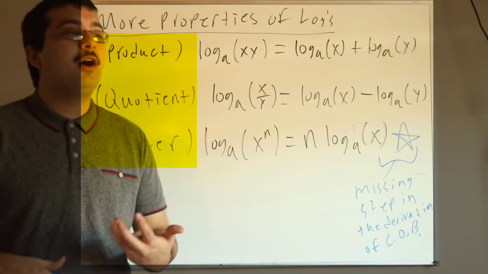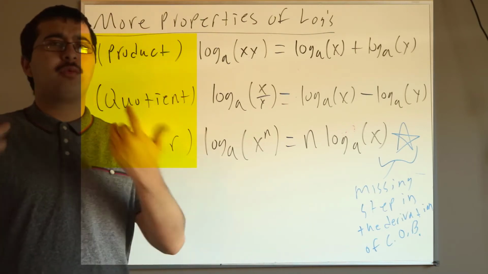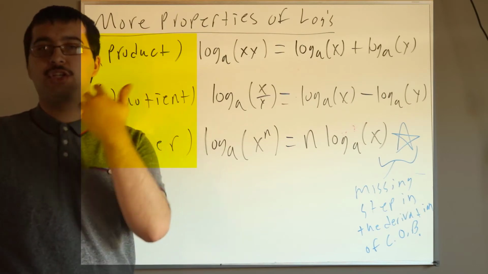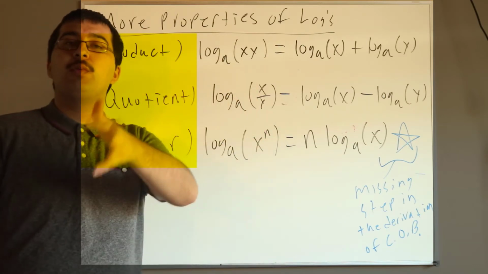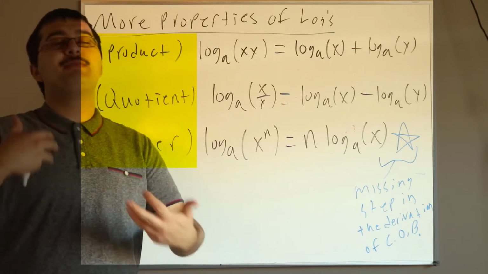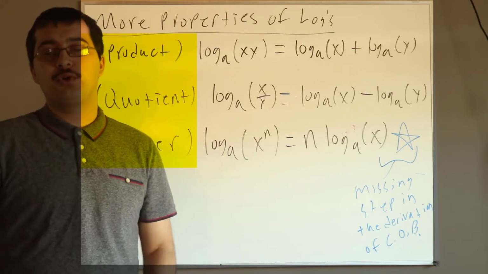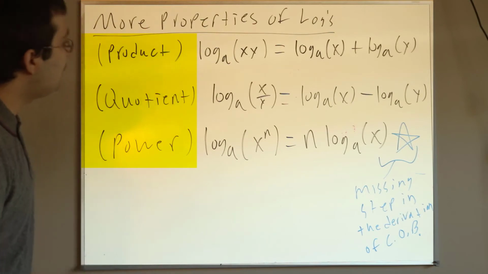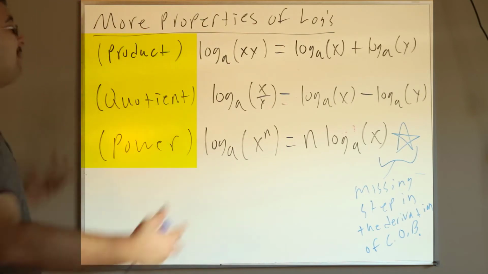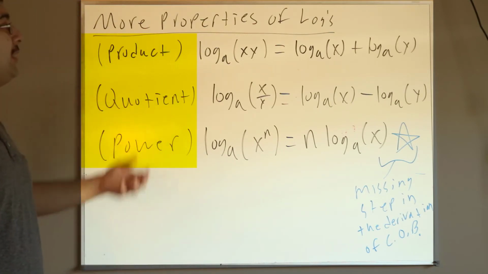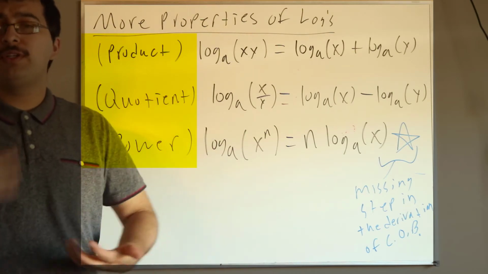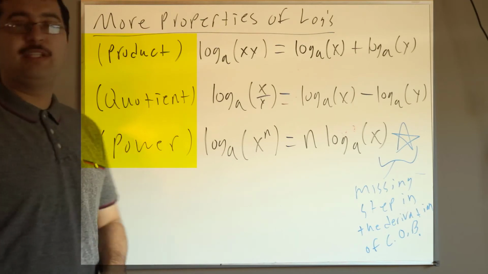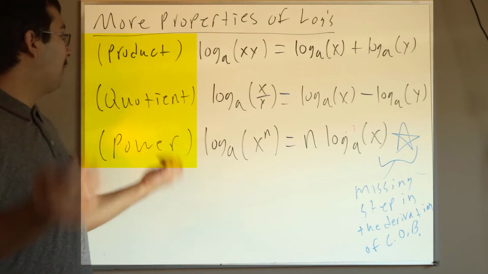They can be super ugly to work with in their raw form, so a lot of the time it's just a matter of using these three properties or the change of base or even the ones we discussed last time just to make them simpler to look at and easier to work with. So take a moment, definitely get these three properties copied down, and after that we'll move on into doing several examples that use these properties. So go ahead and pause.